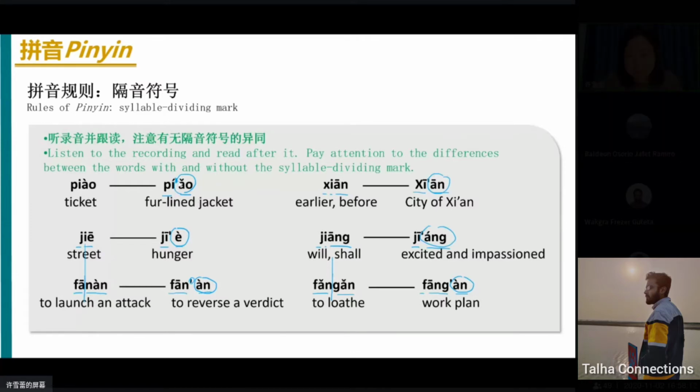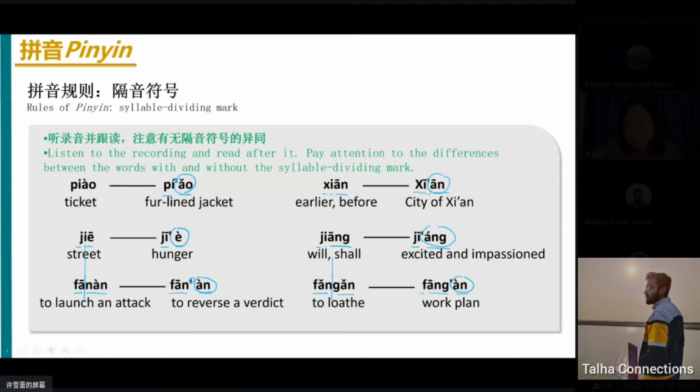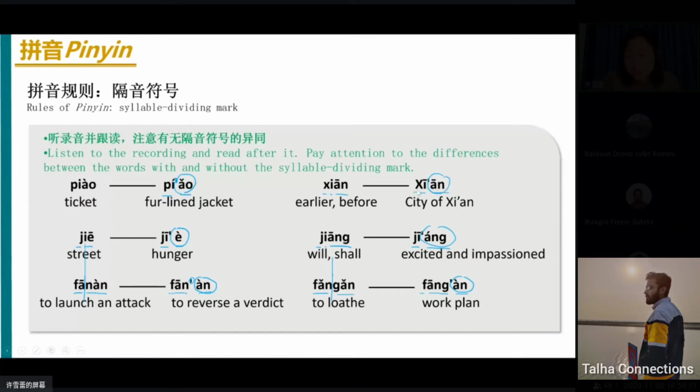That's why we need to use the mark to separate them. Okay. Is that clear? Does that make sense? This is just a little knowledge about Pinyin. So when you see the dividing mark, you read it separately.